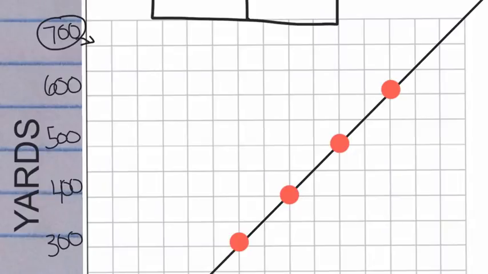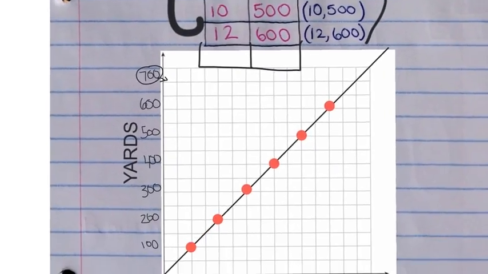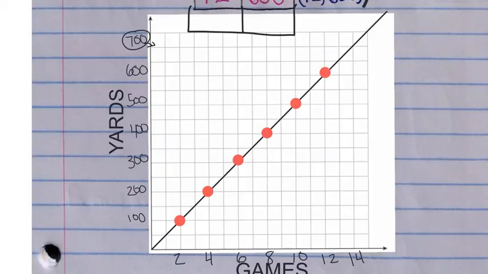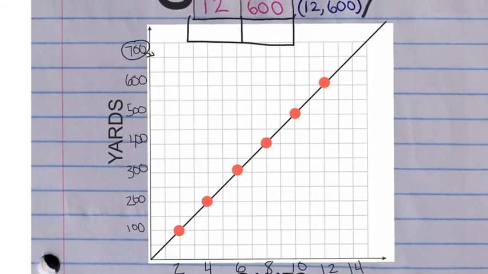So, zoom back out. We want to know where the 14 connects on the y-axis. The 14 connects at the 700 mark. Is that what you would have guessed goes in our box here? 14 and 700. And our coordinates are 14, comma, 700.